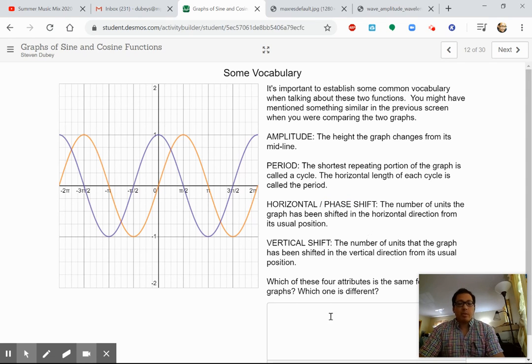Think about that, but it should be fairly obvious that the amplitude, period, and vertical shift, I mean, there is no vertical shift right now, are the same.